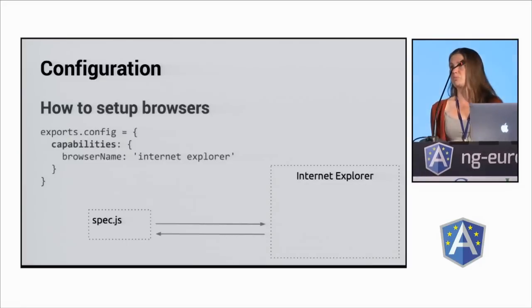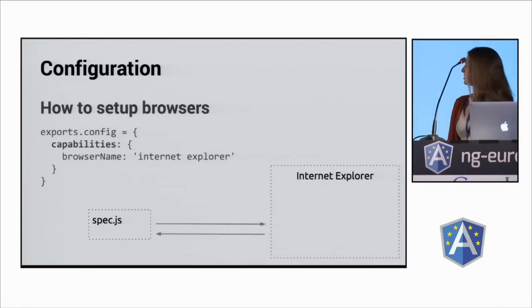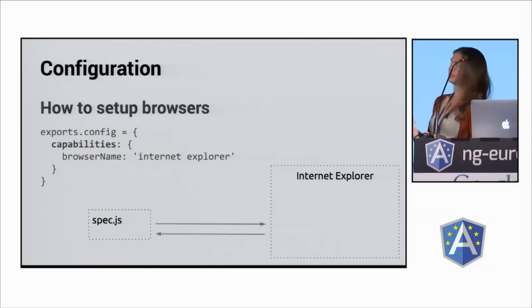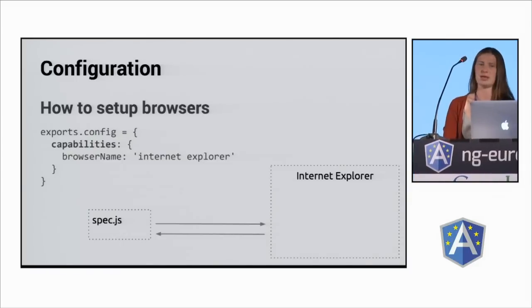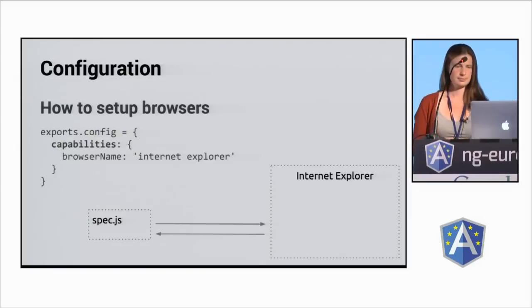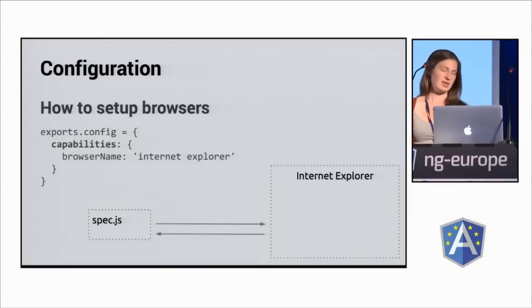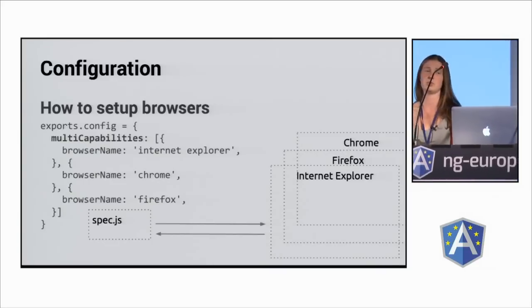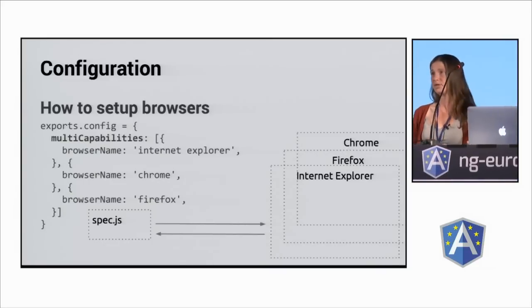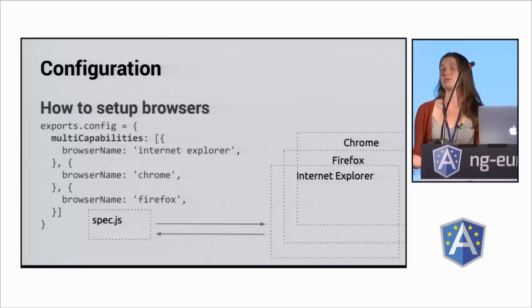And then the second thing is, what browsers do you actually want to use? And this is specified in something called the capabilities object. This is the simplest type, which just gives a browser name. So say, here we're running our tests on Internet Explorer. If I want to test more than one browser at the same time? You can do that. So recently, we introduced a multi-capabilities object, which lets you run your tests in parallel on several different browsers at once.